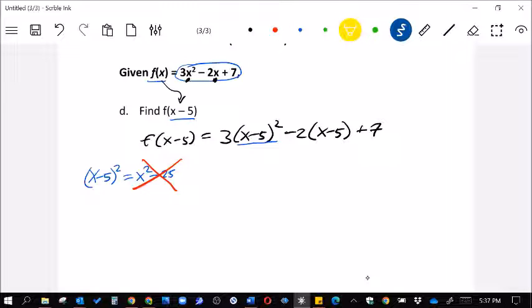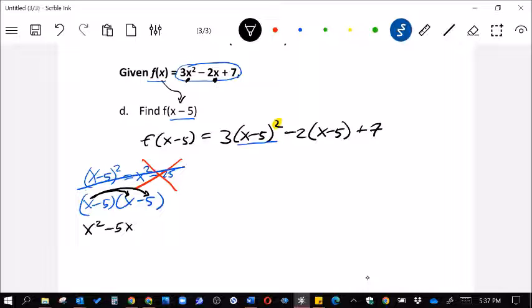Remember that when you have an exponent of 2, it means multiply the same thing to itself. Do it twice. So instead of doing that, I'm going to do x minus 5 times x minus 5. If you actually do this out, you do x times x, so I get an x squared, and then you do x times negative 5 to get a negative 5x.